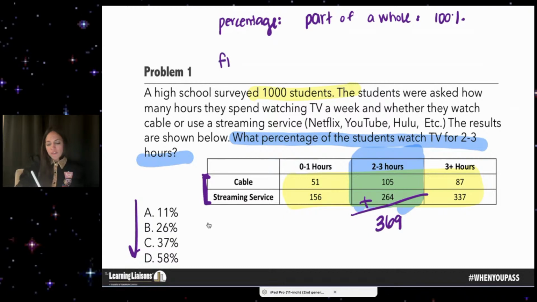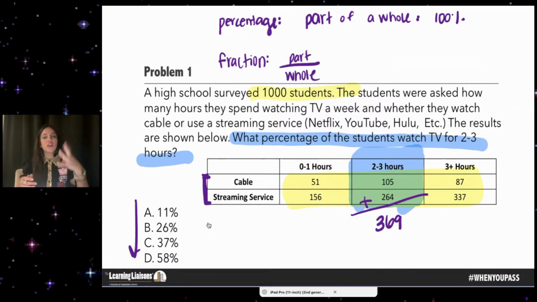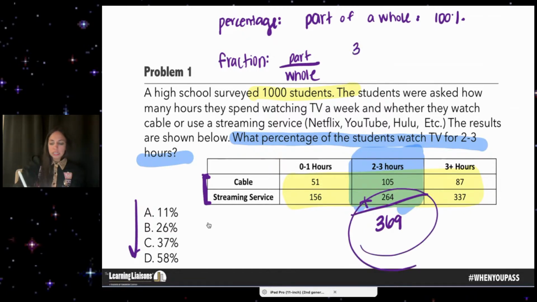But really, a fraction is also a part out of a whole. So if I figure out what my part and my whole is, and then I divide that in my calculator, then I can figure out my percentage. So my part is 369. And in this case, my whole is 1,000.